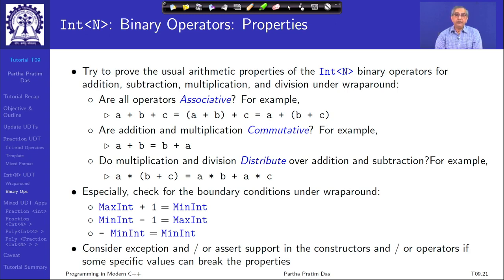I would request you to try to prove that these laws hold, and particularly keep three boundary conditions in mind: for the wraparound, max int plus becomes min int, minus becomes max int, and minus of min int is min int itself. Because if at those boundary points the rules fail, then we need to do something like throw an exception or assert to let the user know that you are going to get into wrong values.